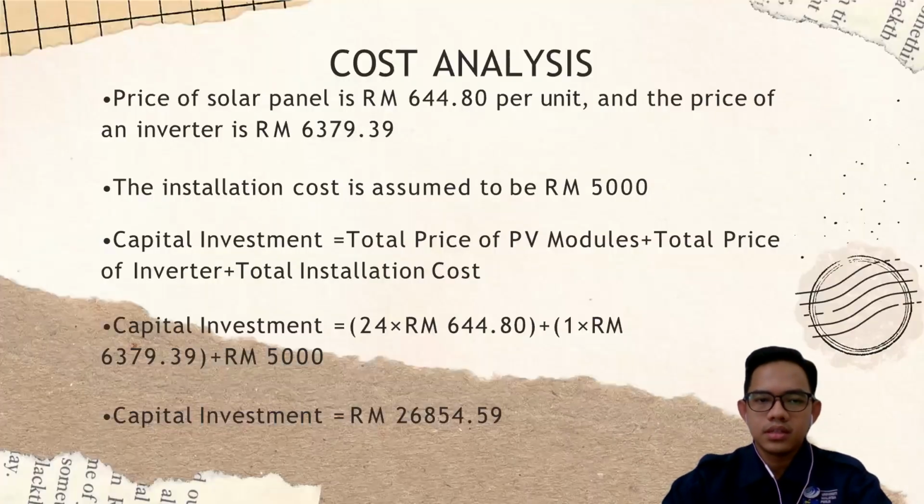For the cost analysis, the price of a solar panel is RM644.18 per unit, and the price of the inverter is around 6,379. The installation cost is assumed to be around 5,000 ringgit, and the capital investment for this solar PV system is around 26,854.49.